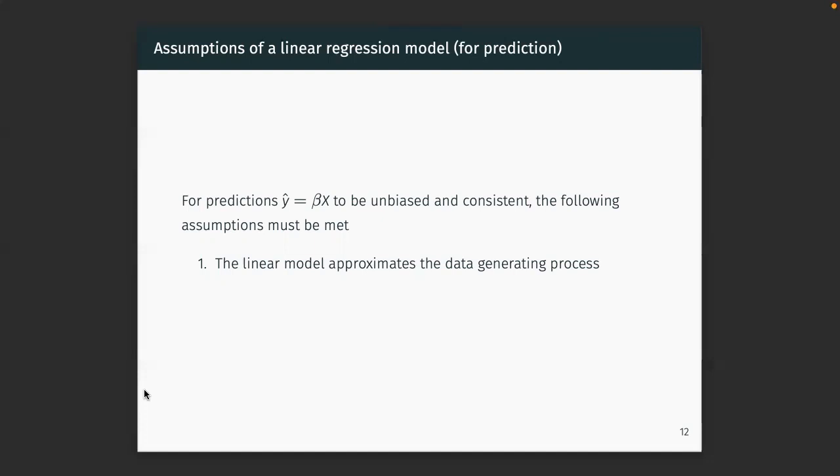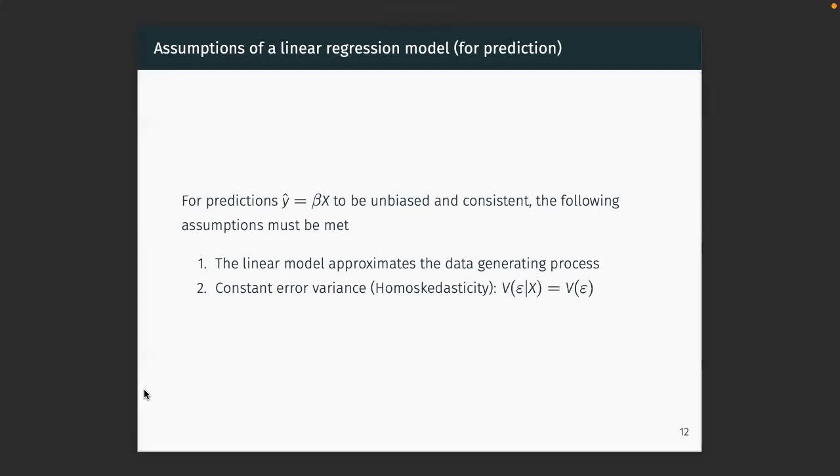Now, if I get a more complicated regression equation, that won't work. But this would mean beta 0 plus beta 1 times x1 plus beta 2 times x2 plus yada, yada, yada, beta n times xn. Okay, so for predictions to be unbiased and consistent, which we can just read as accurate and reliable, right? The linear model must approximate the data generating process. So that requirement is still true. The basic relationship between x and y has to be linear.